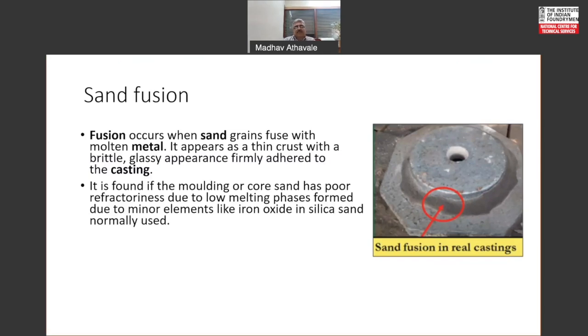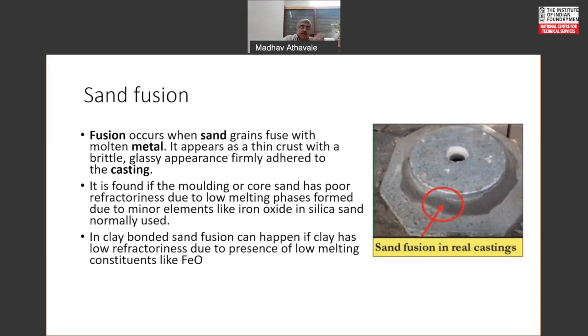It is found that if the molding or core sand has poor refractoriness due to low melting phases present in the sand with minor elements like iron oxide and silica sand, then this can be a problem. Sometimes in clay bonded sand, fusion can happen because clay has low refractoriness and it also has iron oxide. So especially in green sand molding, if you don't take care of the dead clay that is built up in the sand system, then you can land similar problems.